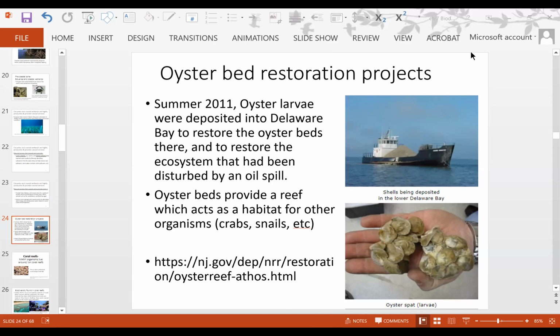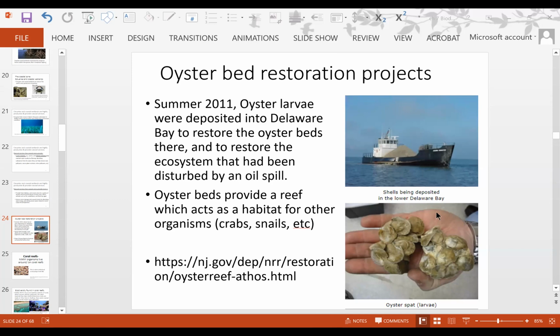Oysters are definitely understood and appreciated for their ability to clear water and improve water quality. So in the summer of 2011, here were some oyster larvae. They were deposited into Delaware Bay in order to restore oyster beds.